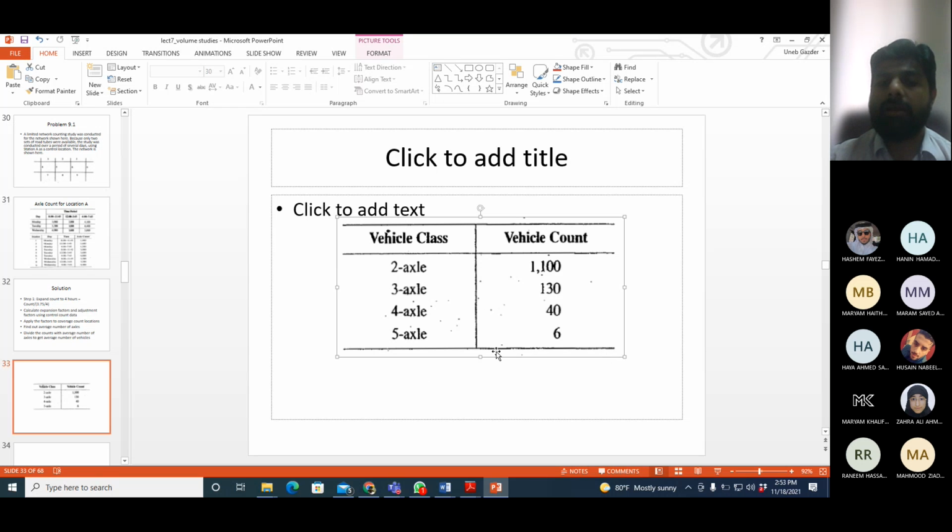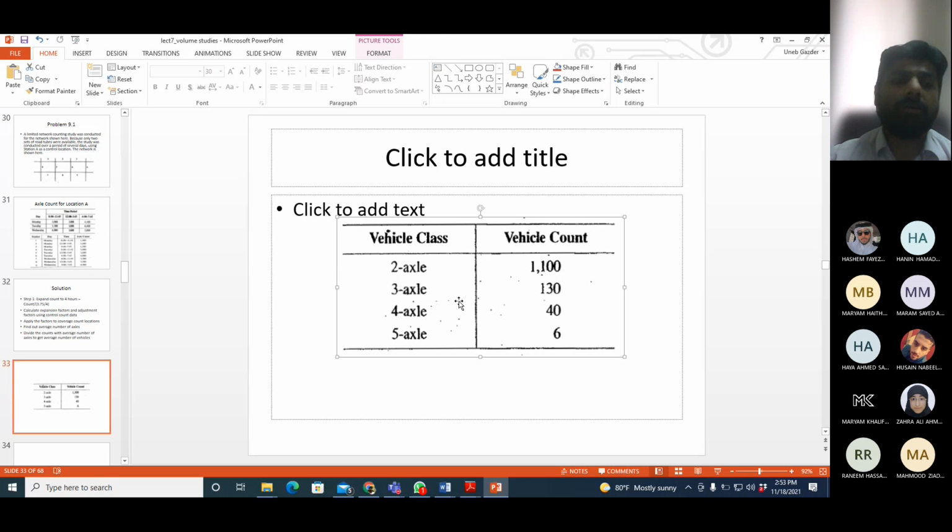First of all, take the total number of vehicles, which is 1100 plus 130 plus 40 plus 6. Then you calculate the number of axles observed: 1100 times 2 plus 130 times 3 plus 40 times 4 plus 6 times 5. This will give you the total number of axles observed. Then number of axles divided by number of vehicles will give you average axles per vehicle.